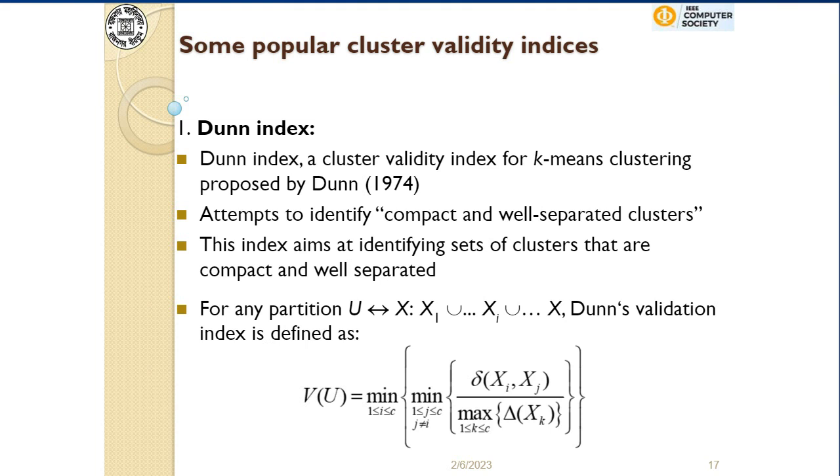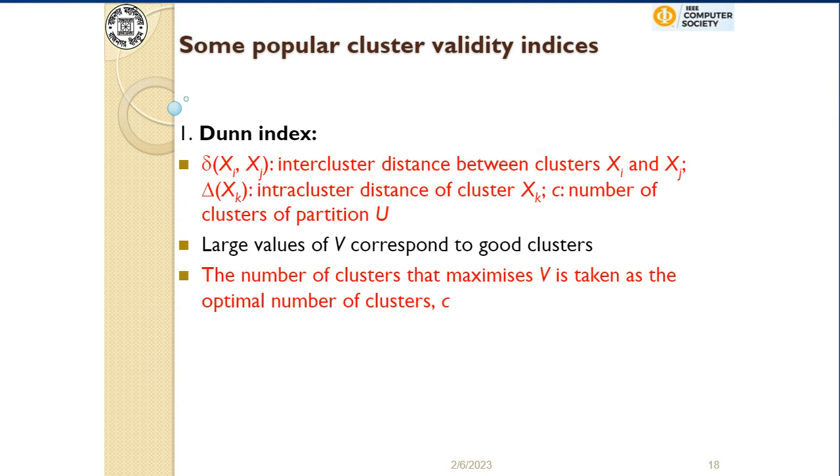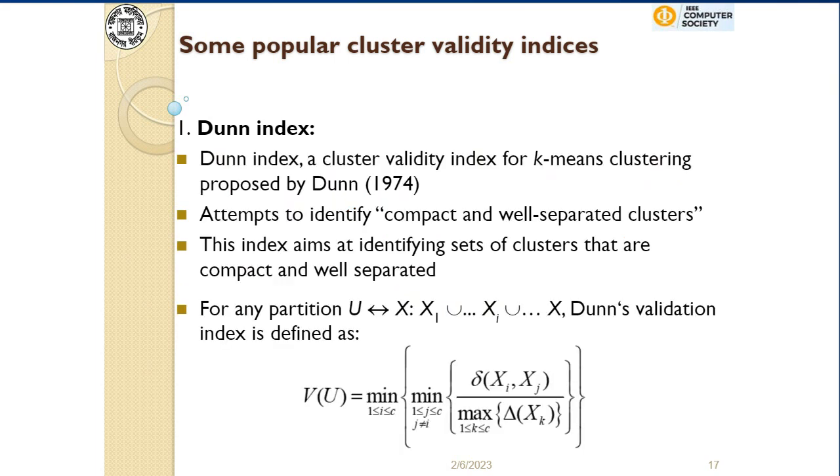Given this, where delta xi, xj is the inter-cluster distance, and this is the intra-cluster distance, large values of V will give you good clusters. Why? This is the inter-cluster distance. If you go on increasing the distance between the different clusters, that means you are trying to maximize the dissimilarity between different clusters, so the numerator will go on increasing.